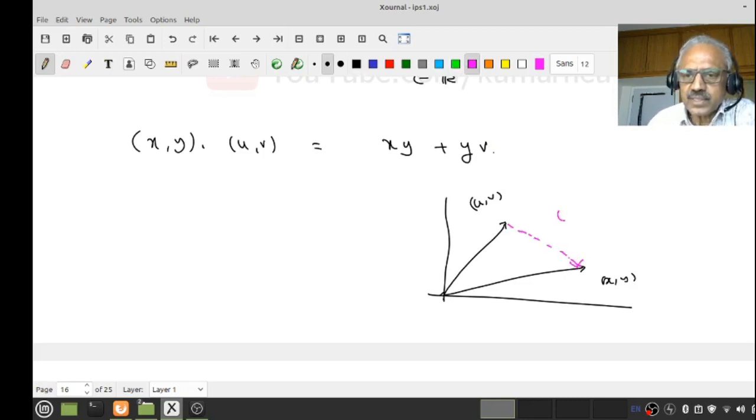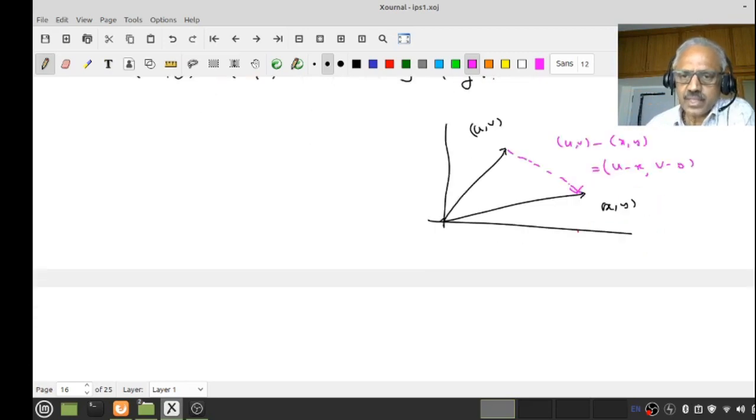This vector is, as you know, (u, v) minus (x, y), that is (u minus x, v minus y), because of the parallelogram law for vector addition. So this vector plus this vector is this. Am I making myself clear?